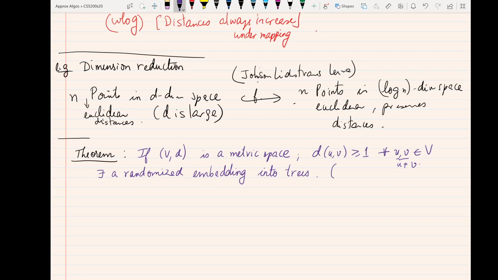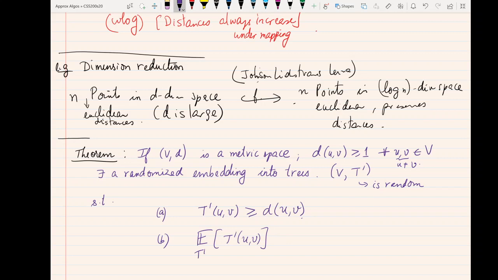So you get (V, T') where T' is random, such that the distances in this new metric space are greater than or equal to the distances in the old metric space, and the expected value over T' is less than or equal to, and this is the crucial factor, order log n times the distance in the old metric space.